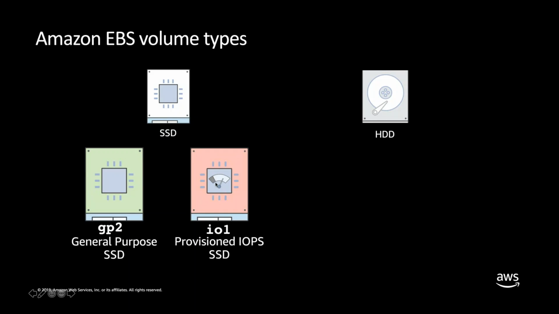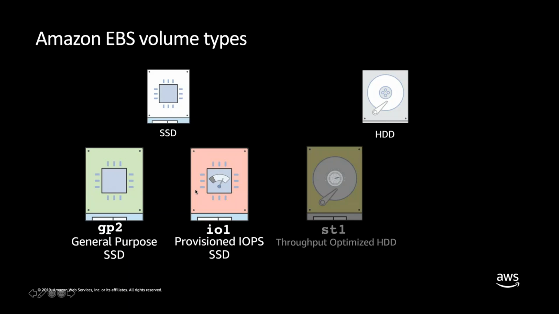If you need a higher throughput SSD, we can use the IO1 option, but it will cost you more. For example, if you're allocating just 30 gig but you want an IO per second of over 10,000, we can use IO1 for that purpose.